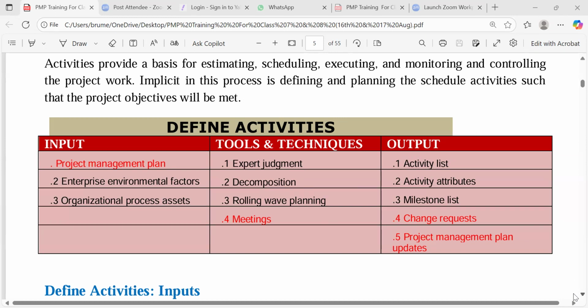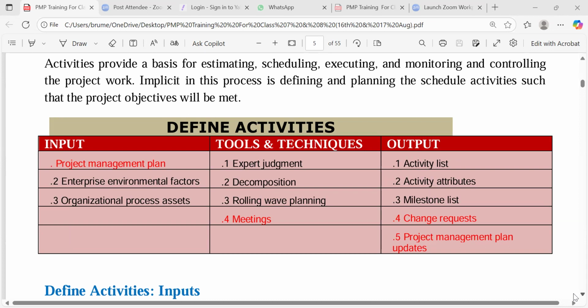Our output becomes the activity list. When you further decompose those work packages, you have activities. Where would you place the activities? You place them on a register, a list called the activity list. That's an output. Now you can see those activities.